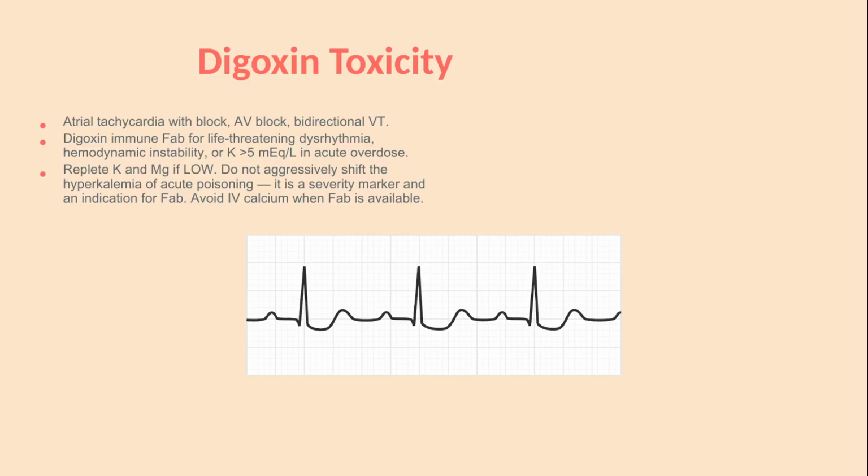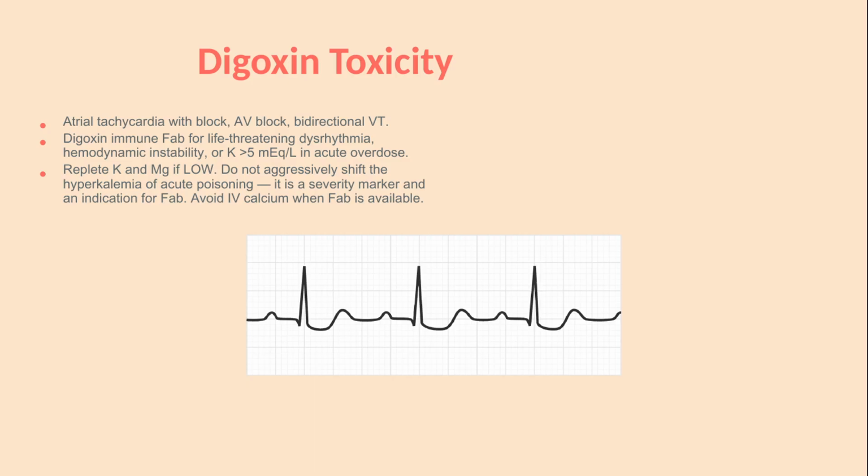Digoxin toxicity is worth knowing cold because the drug persists in an aging population with narrow margins. The mechanism, sodium-potassium pump inhibition plus increased vagal tone, produces a signature combination: increased automaticity above with conduction block below.